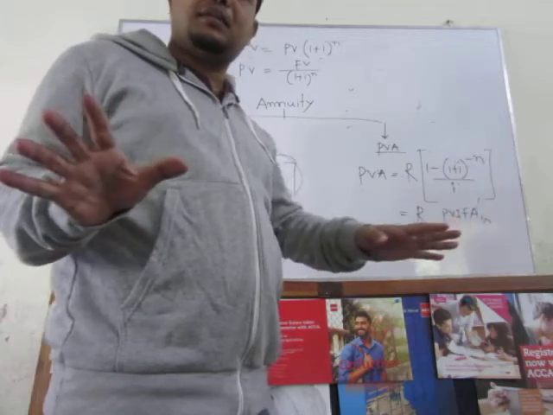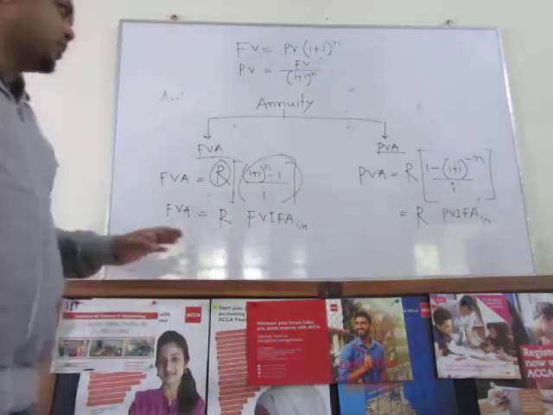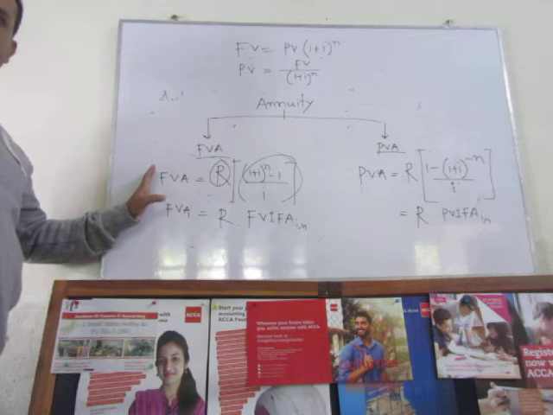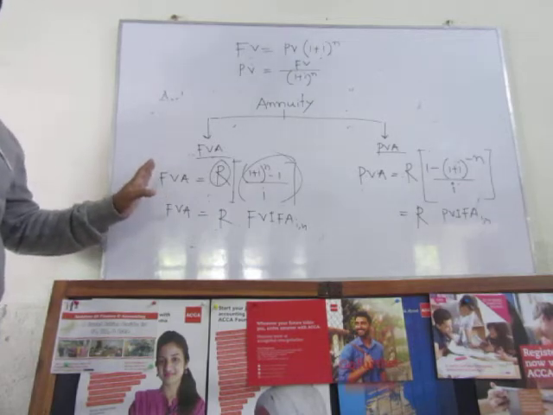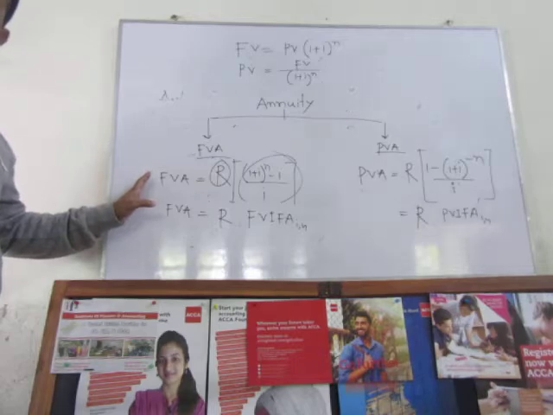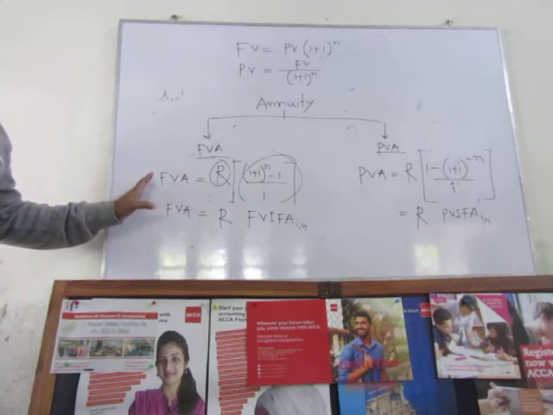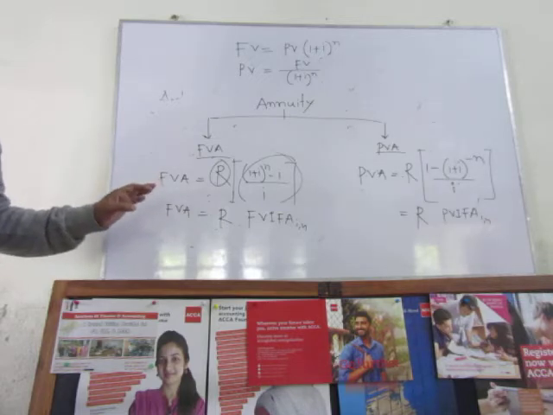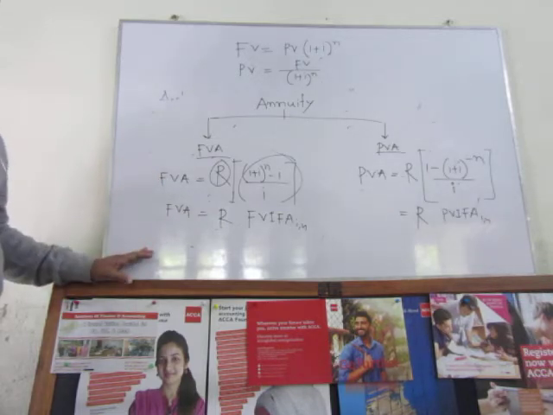Example ক্লিয়ার করার জন্য আমি আবার একটু বলি। Future value annuity: you are making an agreement with a bank that each and every year you will invest $100 for 3 years. At 10% interest, what will be your future value after 3 years from now? Future value.